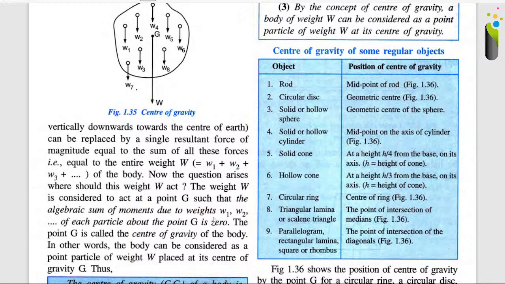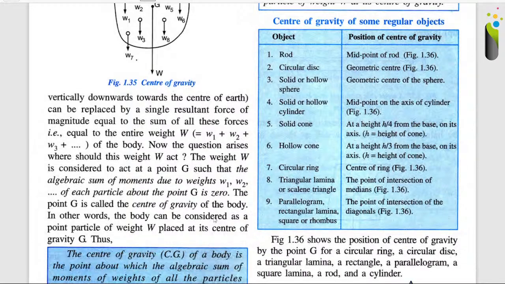Now the question arises, where should this weight W act? The weight capital W is considered to act at the point G such that the algebraic sum of moments due to weights W1, W2, etc. of each particle about the point G is 0.